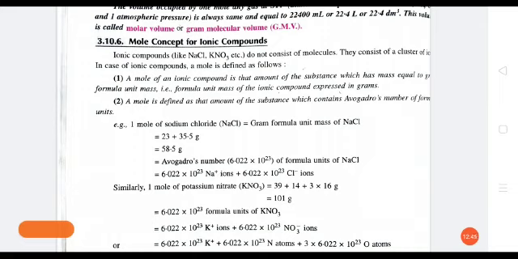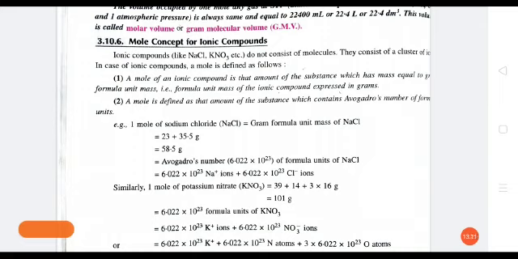And what is formula unit mass? It is expressed in grams and its amount is called 1 gram formula unit. It is the sum of the atomic masses of all the atoms present in one formula unit of the compound. A mole is defined as that amount of the substance which contains Avogadro number of formula units.